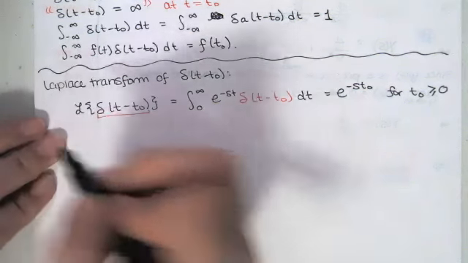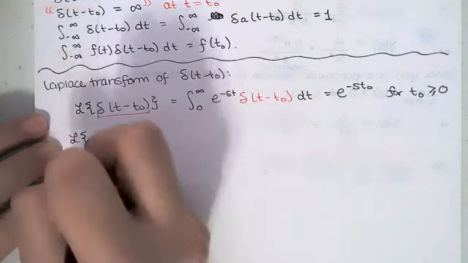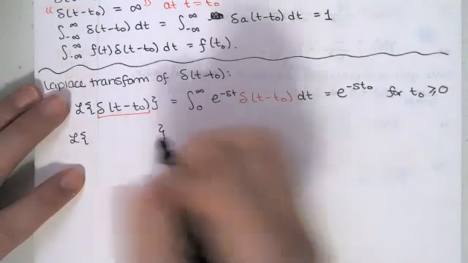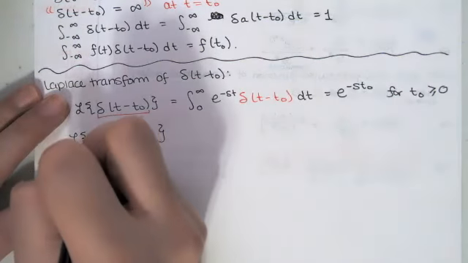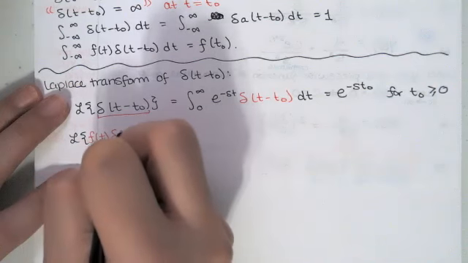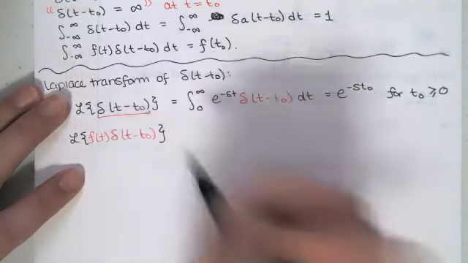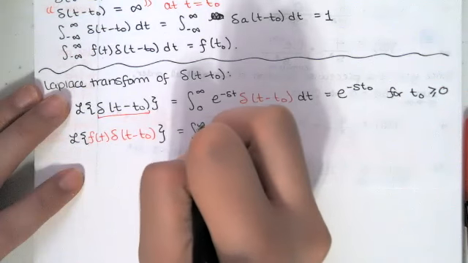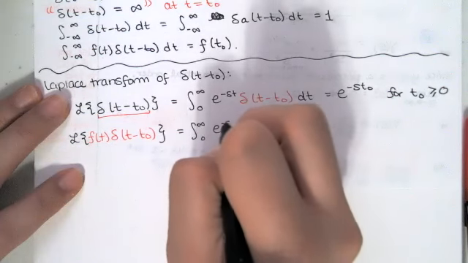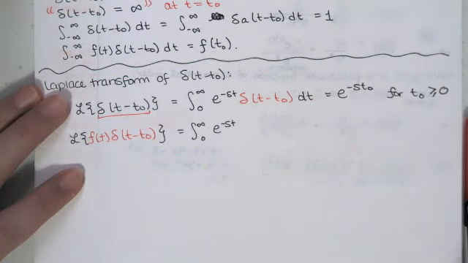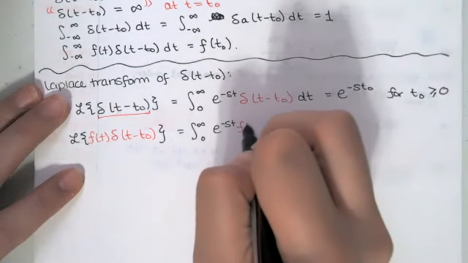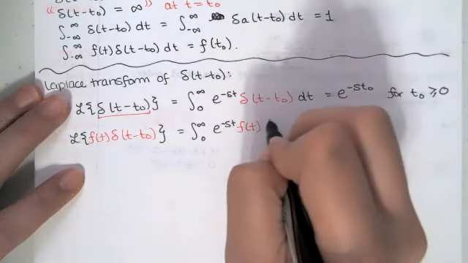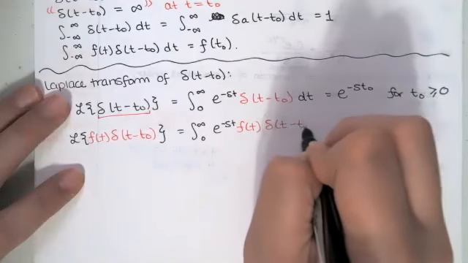Okay, and then we would do the same thing if we're taking Dirac delta and multiplying it by a function f of t, and we want the Laplace transform of that. You have e to the negative st times f of t times Dirac delta at t minus t naught.